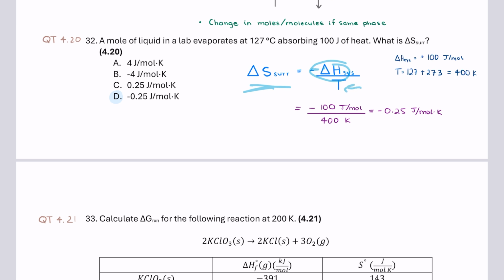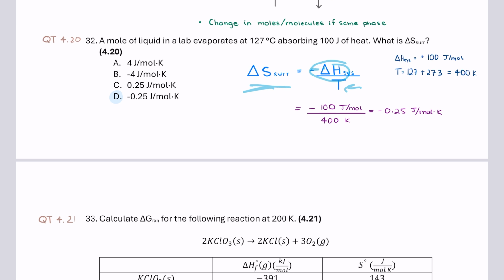We're told that the enthalpy change of the system, which is the heat absorbed during evaporation, is positive 100 joules per mole. Since the liquid is absorbing heat from the surroundings, that heat is leaving the surroundings, which is why we take the negative of the enthalpy value in this formula.